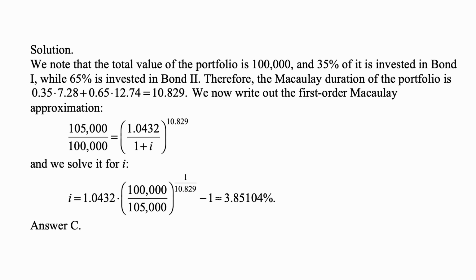And we now write out the first order Macaulay approximation, which you need to know for the test. 105,000, which is the estimated value using this approximation at the unknown interest rate I, divided by 100,000, which is, by the way, the value of the portfolio at the interest rate of 4.32%, is equal to 1.0432, that is 1 plus the interest rate corresponding to 100,000, over 1 plus I, that's 1 plus the interest rate corresponding to 105,000.